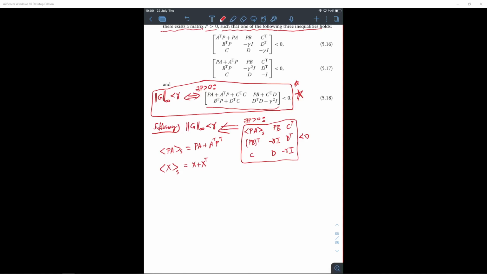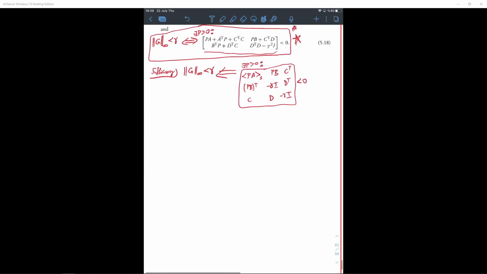Yes. And P is symmetric, so we can write this as well. Alright, let's take this. Okay, let's try to prove this part. This is going to be a long one.